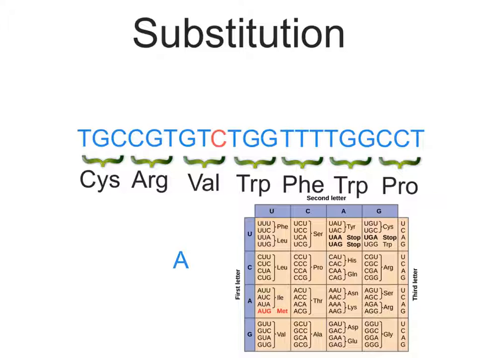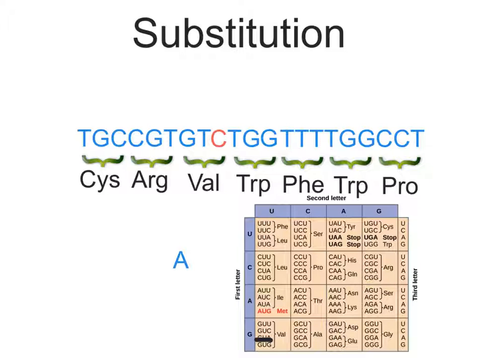So look, we found it right here at the bottom. I'm not sure if you can see my black mark there. GUA is right above that black mark, and it codes for valine. And it's changed to GTC, so on the table GUC, so let's find it. It's actually right above.